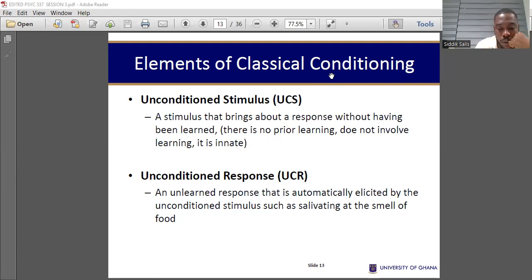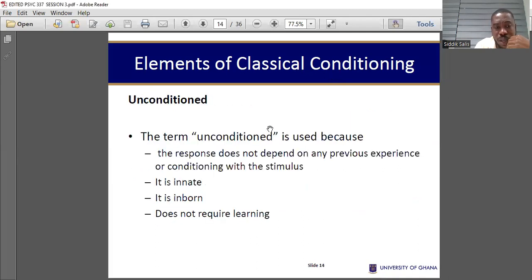Okay, good. So unconditioned stimulus elicits unconditioned response. We talked about that already. The term unconditioned is used because the response does not depend on any previous experience or conditioning with the stimulus. Anyway, we don't need this because we have explained already.